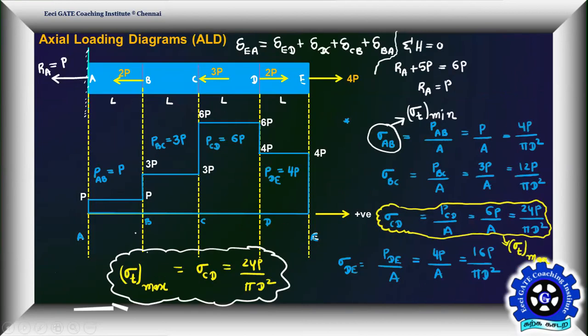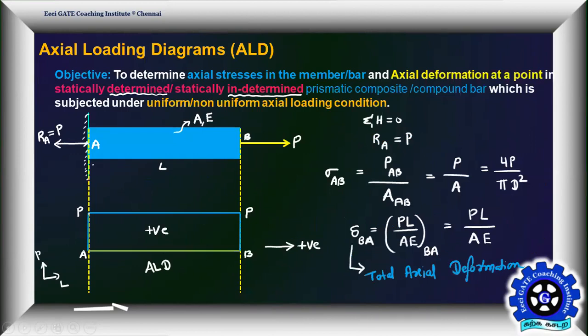That's it. So the entire chapter depends on two points: axial stresses and axial deformation, corresponding to axial loading. Next chapter, bending stresses and deflection. After that, torque loading, torsional stresses, and angular deformation.